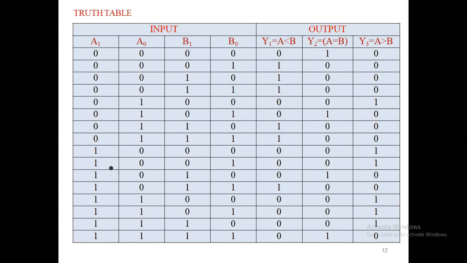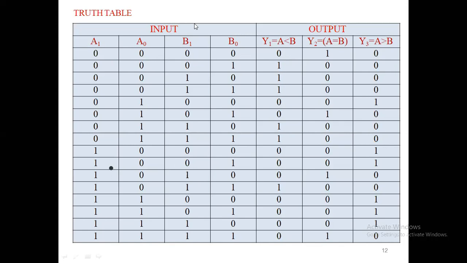So next we come here. y1 is nothing but A is less than B. That is 0 is less than 0. Is the condition true or false? False. So we are getting the value 0.